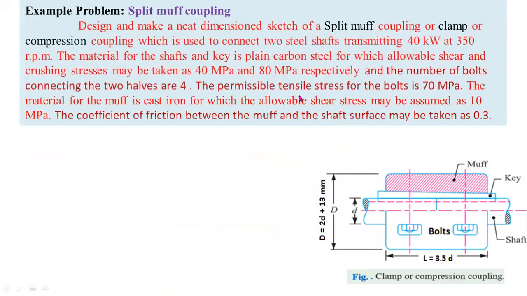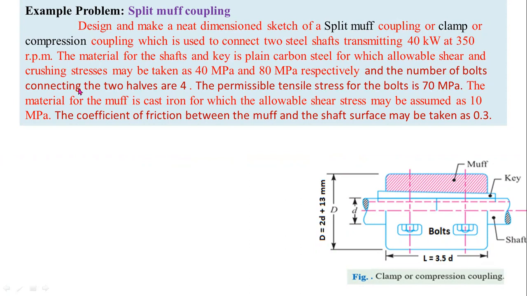Now this is the question. Design and make a neat dimension sketch of a split muff coupling, or clamp or compression coupling, which is used to connect two steel shafts transmitting 40 kilowatts at 350 RPM. The material for the shafts and key is plain carbon steel, for which the allowable shear and crushing stresses may be taken as 40 megapascal and 80 megapascal respectively.